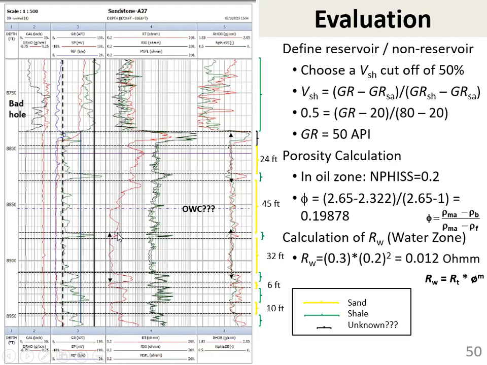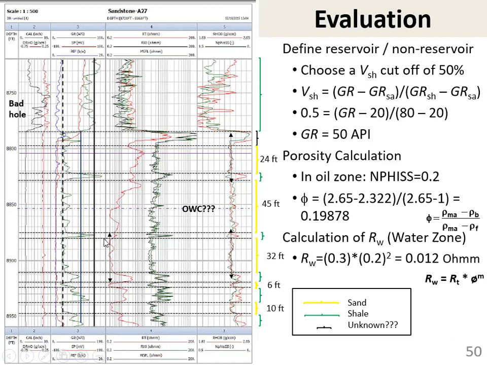So from this zone, you can now calculate your water zone resistivity, the resistivity of the water in the formation. And this will come in handy.